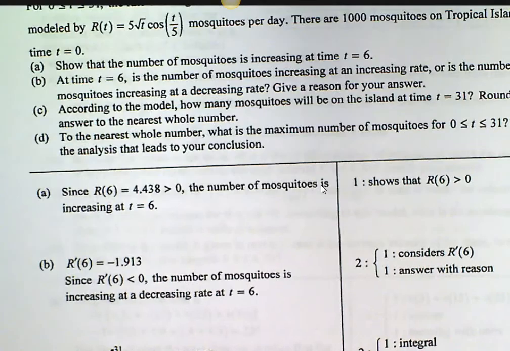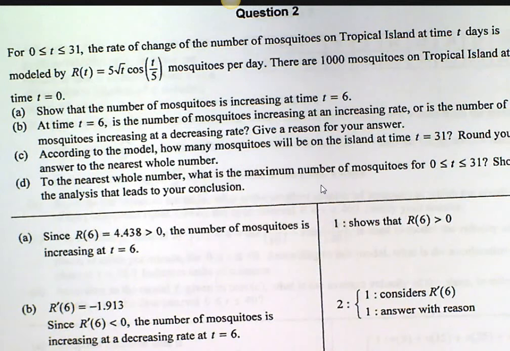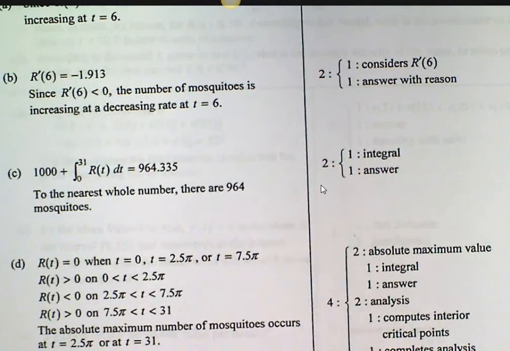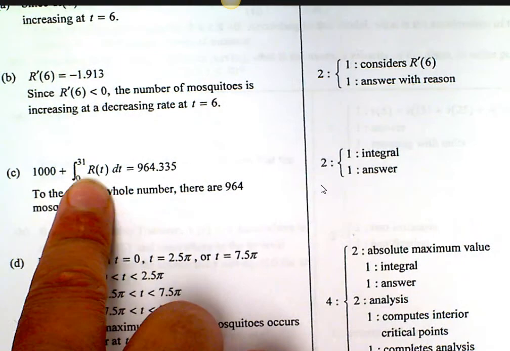C, according to the model, how many mosquitoes would be on the island at time t equals 31? What gives us the value? The integral from 0 to 31. But what do I have to add to it? The initial amount. Yeah, 1,000. Okay? So there you go. Now, you had to show your integral.